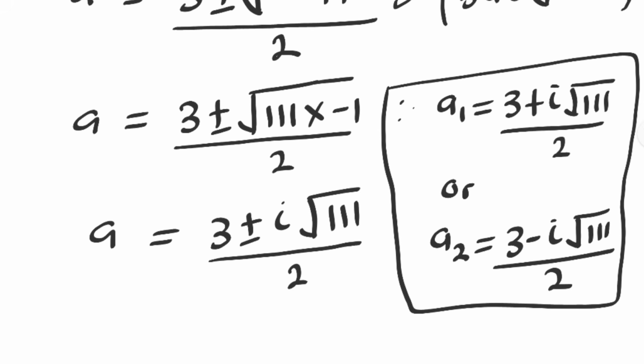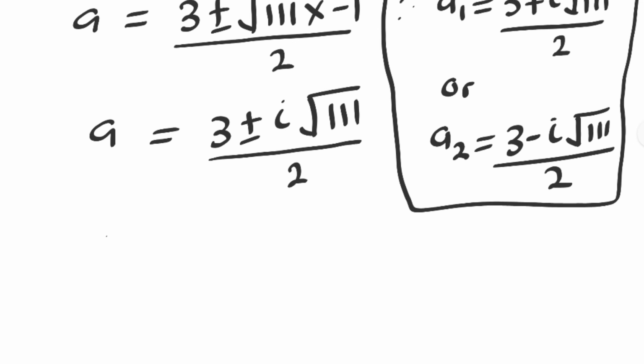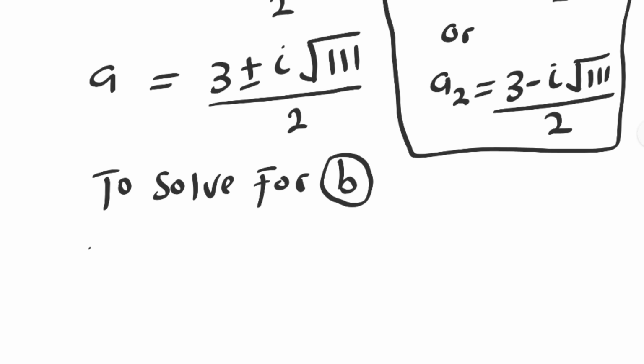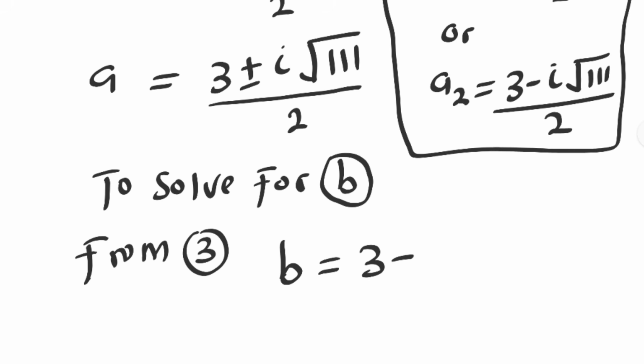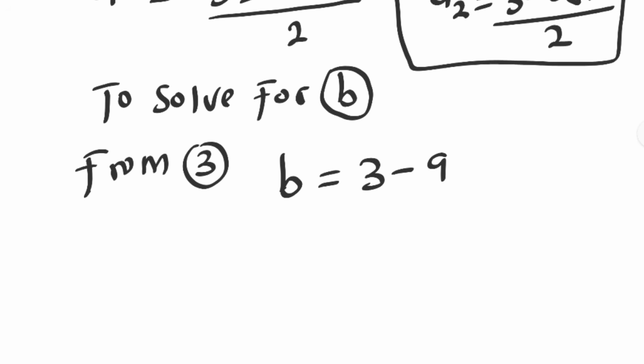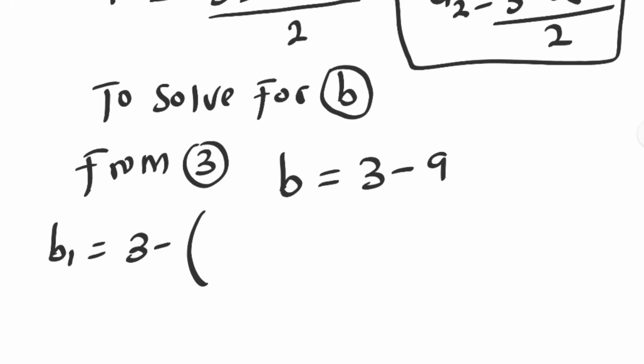Now we've gotten the values of a. Let us solve for b. To solve for b, from equation 3, b is equal to 3 minus a. b1 is equal to 3 minus a1, which is 3 minus 3 plus i square root of 111 over 2.